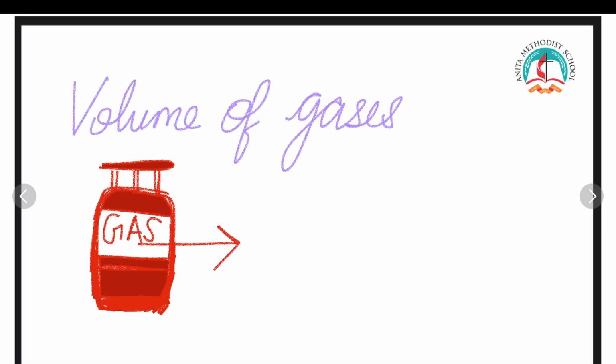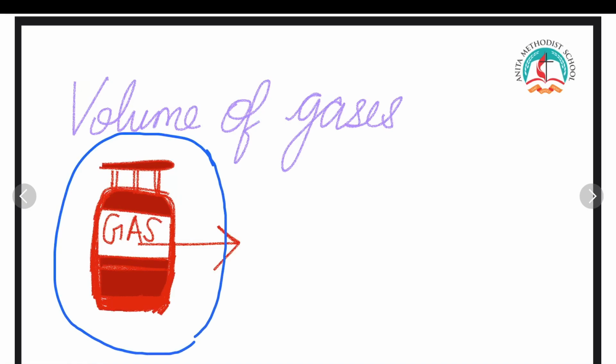So finally, we are going to see about volume of gases. Now, we can also measure the volume of gas as we measure for liquids and solids. Now, gas expands to the whole space in which it has been stored.